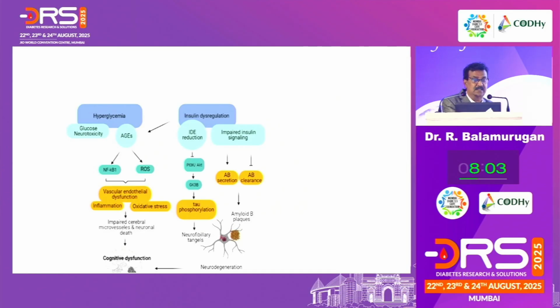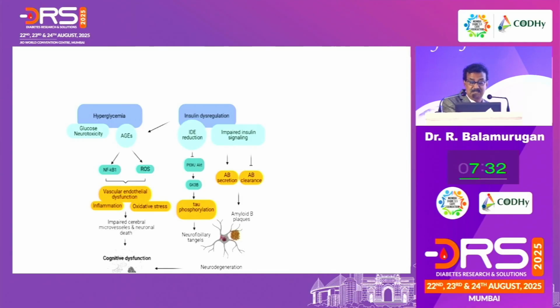And this is what happens in diabetes. One is hyperglycemia, which can cause glucose neurotoxicity and advanced glycation products, which can cause NF-kB activation and reactive oxygen species, which can cause vascular endothelial dysfunction, inflammation, and oxidative stress, which can lead to impaired cerebral microvessels, neuronal death, and cognitive dysfunction. On the other hand, look at insulin dysregulation, which can cause tau phosphorylation, which can cause neurofibrillary tangles.